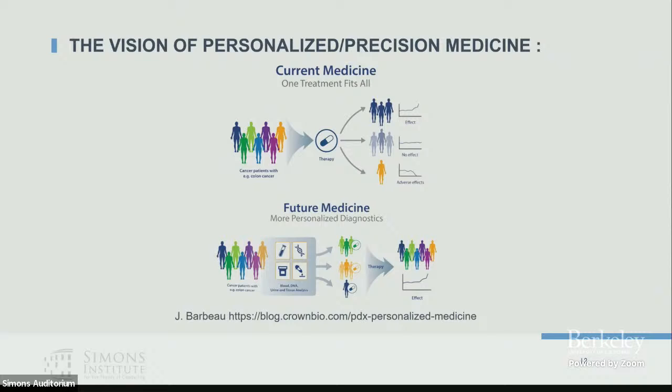We want to use additional data, omics, EMRs, etc., in order to tailor a treatment so that each individual will be helped.